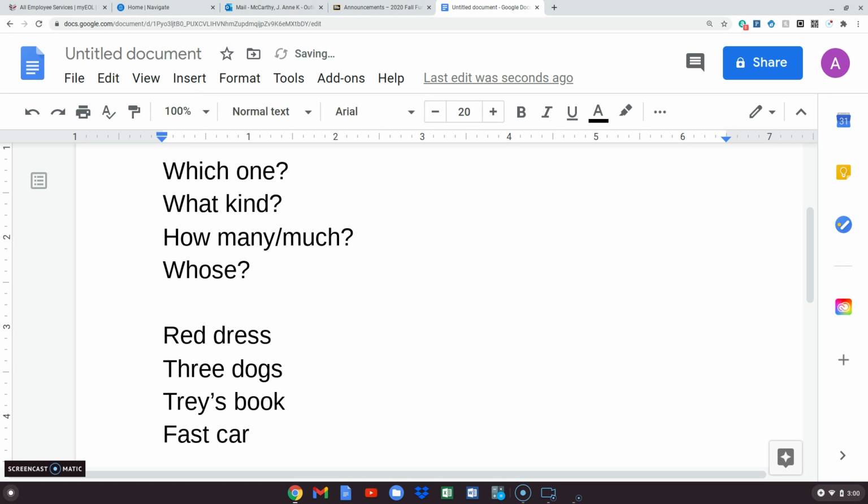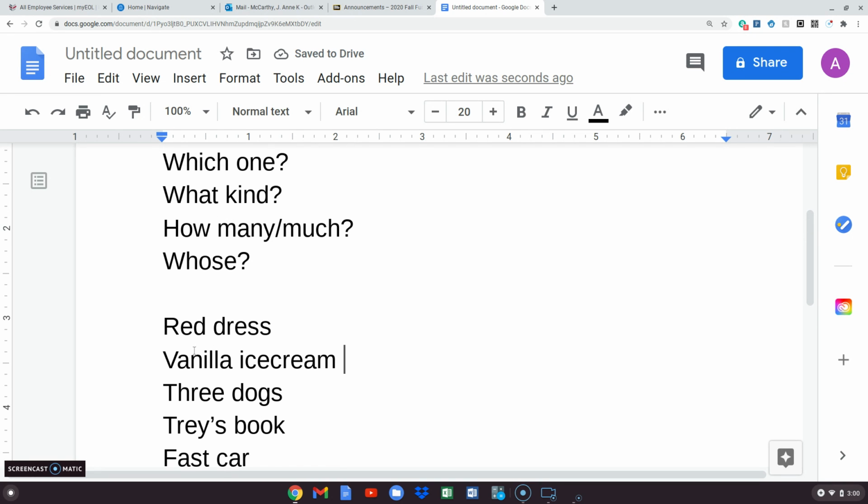So notice, which one, the red dress. I could say, oh, I don't know, I like vanilla ice cream. And you can see, what kind of ice cream do you like? Vanilla ice cream. Notice vanilla by itself could be a noun, but as soon as I put it in front of ice cream, I'm describing what kind of ice cream. Vanilla. How many dogs? 3.